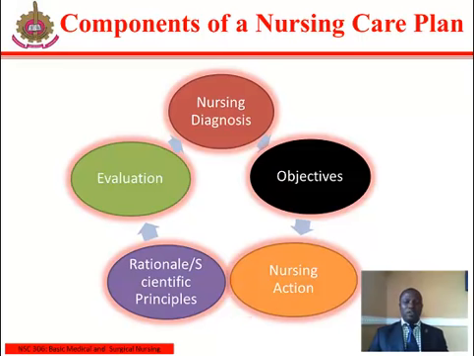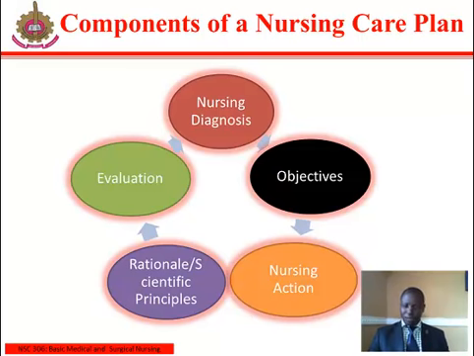An actual diagnosis is written in 3 parts: category related to contributing factors as manifested by signs and symptoms, while a potential diagnosis can be continually identified depending on the patient's condition.